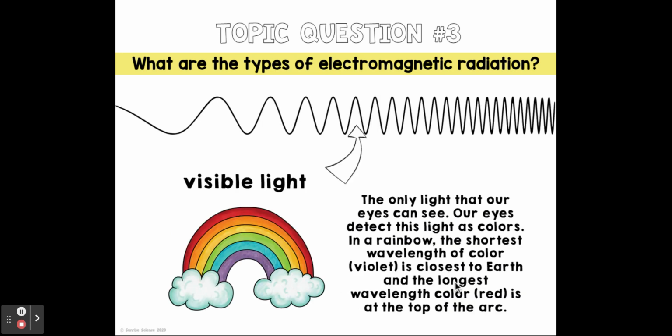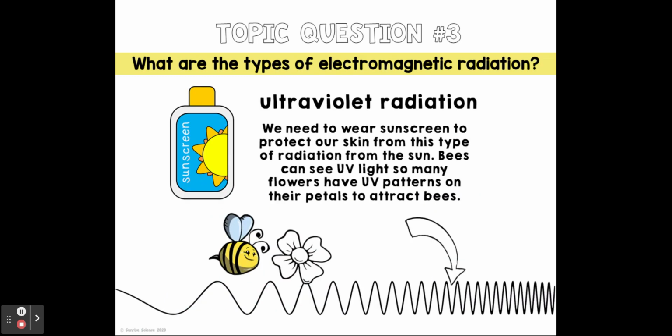Visible light: the only light that our eyes can see, and our eyes detect this light as colors. In a rainbow, the shortest wavelength of color, violet, is closest to Earth, and the longest wavelength, red, is at the top of the arch. Ultraviolet radiation: we need to wear sunscreen to protect our skin from this type of radiation.